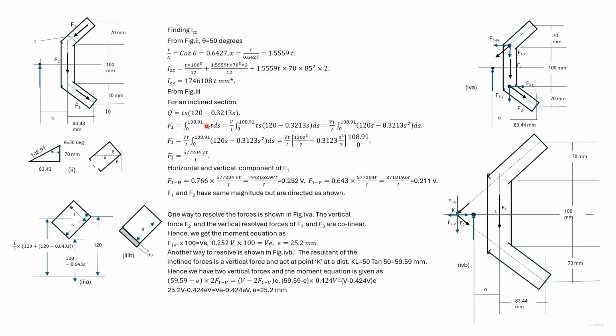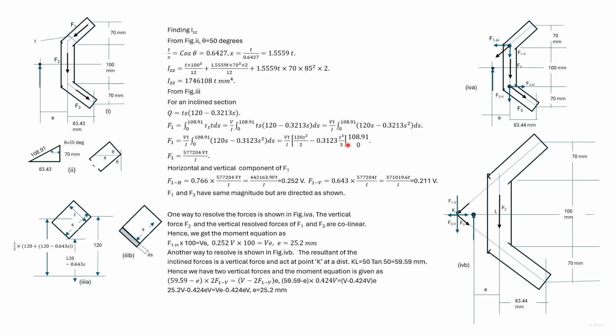We can write tau s as VQ by It, where we have earlier obtained Q. We substitute and we take out Vt divided by I. Integrating, we get an expression in S squared and S cubed.